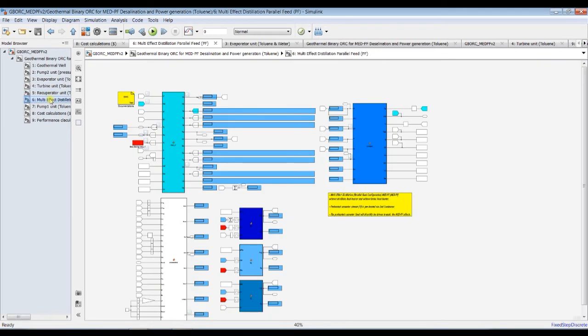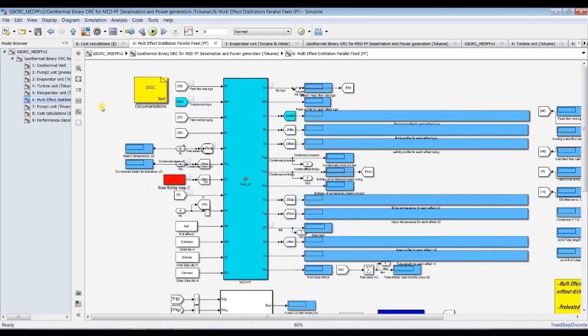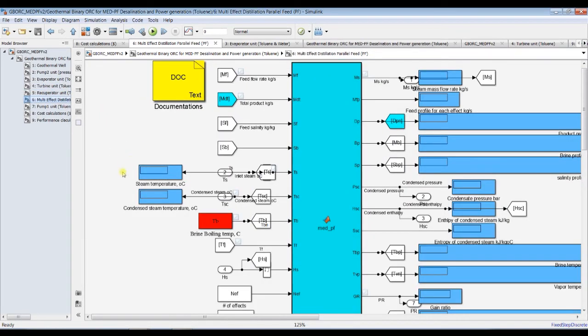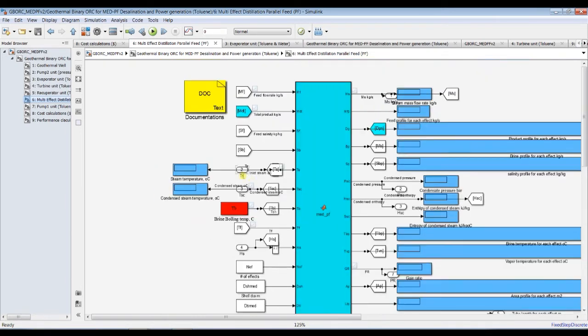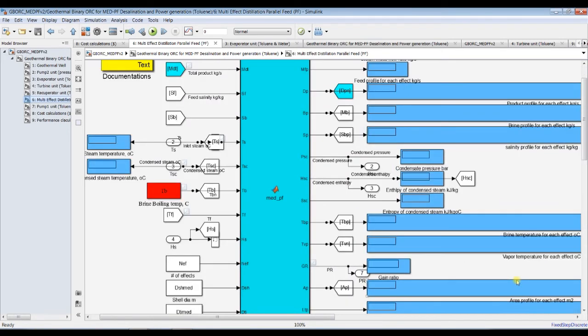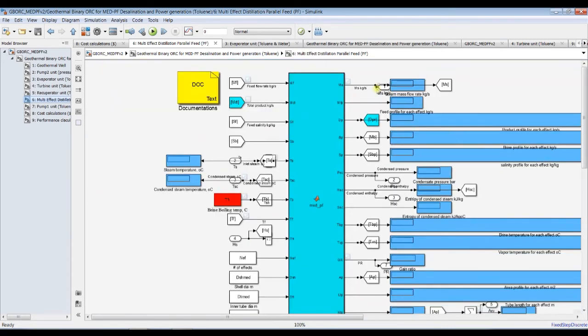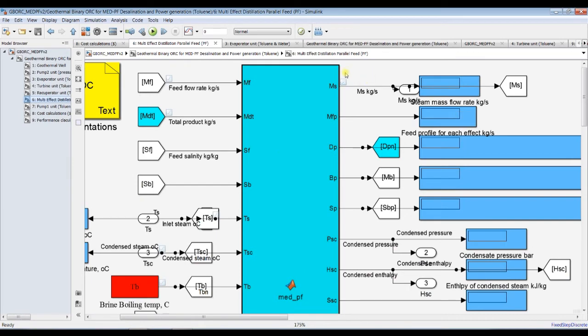And for multi-effect distillation, as you can see here, this is the steam temperature, inlet steam. This steam is coming from the recuperator unit, and we can discover also many parameters, such as total steam mass flow rate.